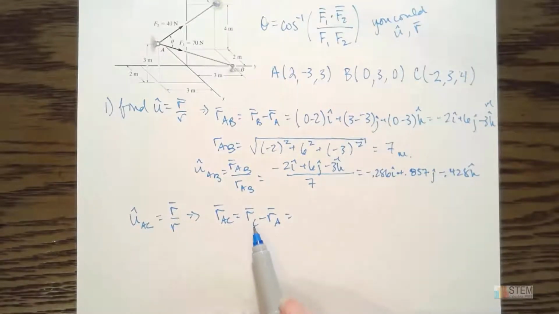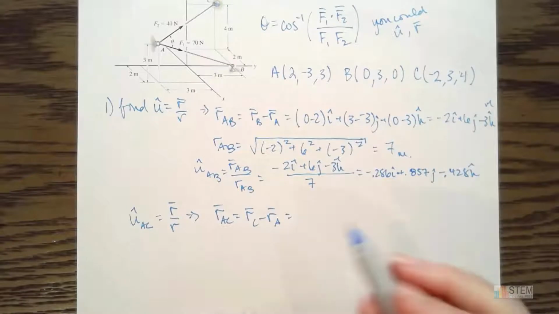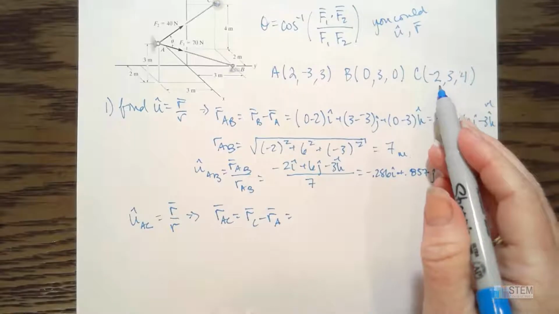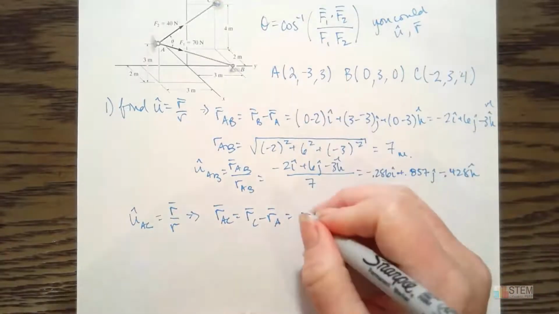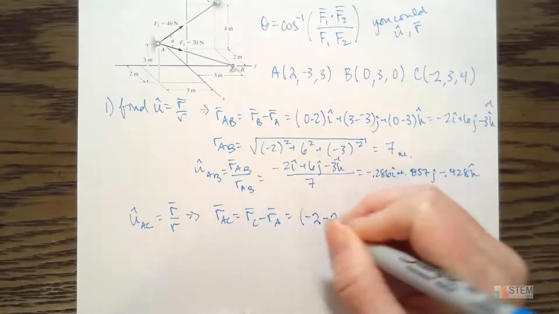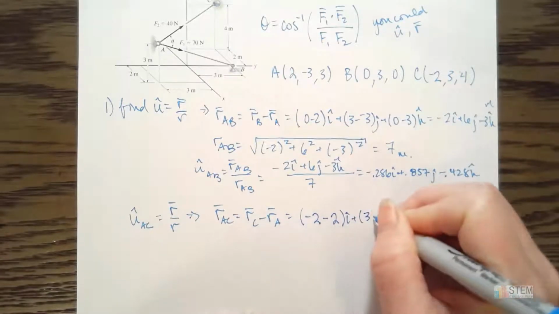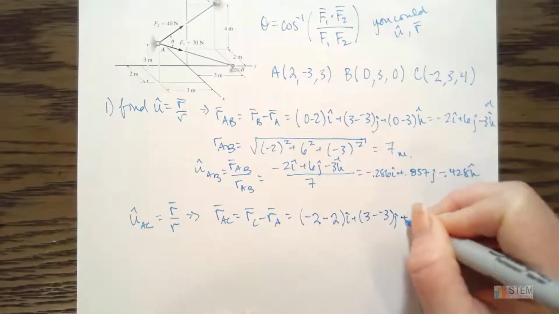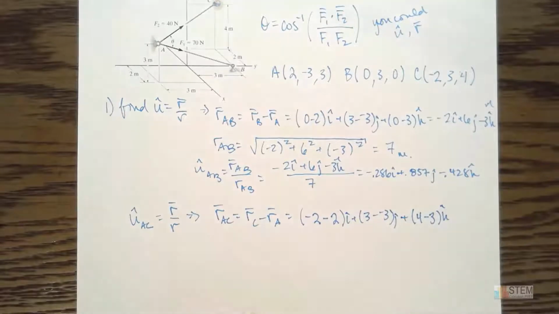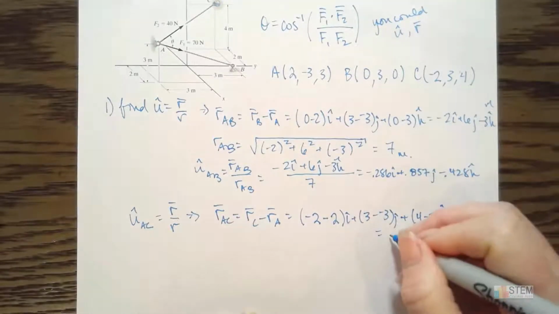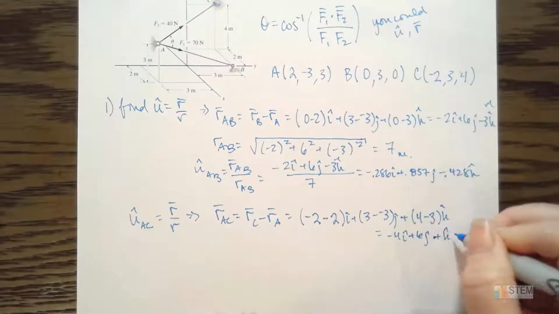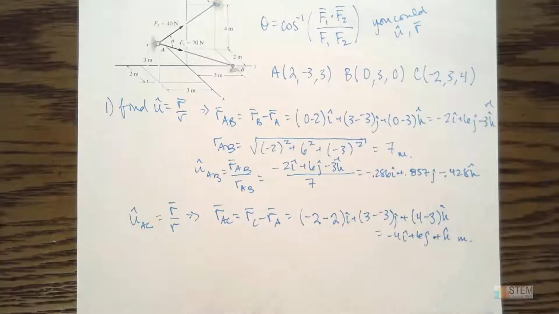If you're wondering why I'm writing RC and then RA, that's why. Essentially we're taking the coordinates and subtracting them. So I need coordinates of C minus coordinates of A. We get negative 2 minus 2 for I, 3 minus negative 3 for J, and then 4 minus 3 for K. That gives us negative 4I plus 6J plus K, and that's meters.